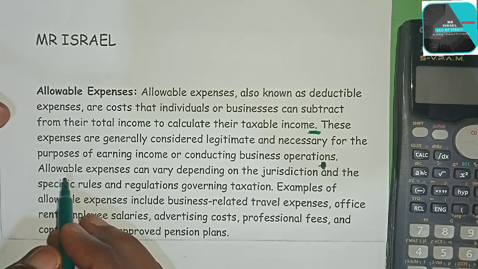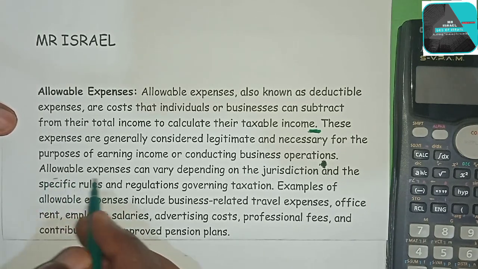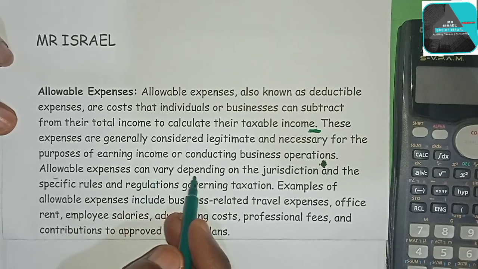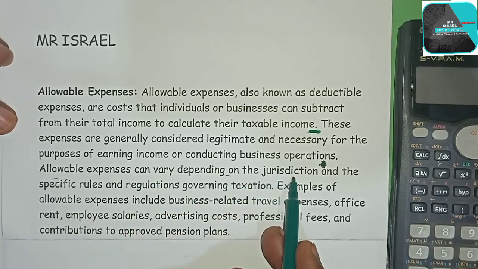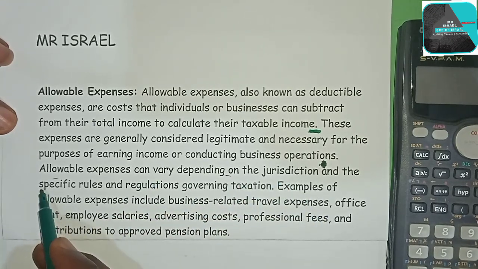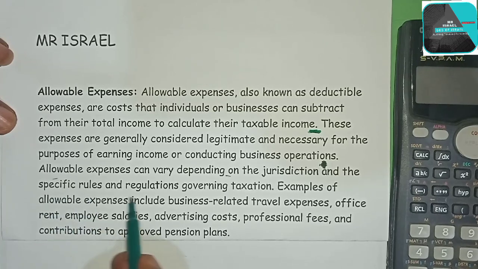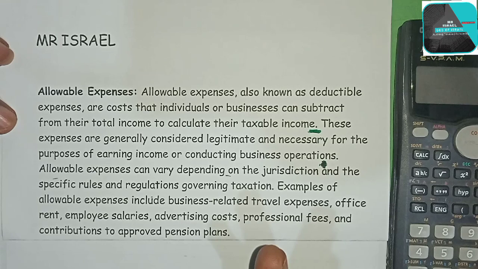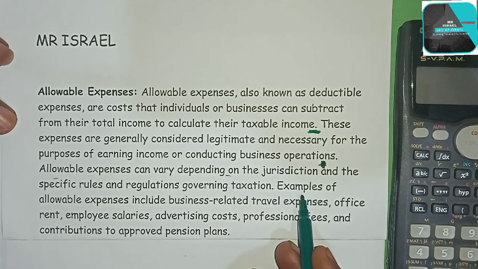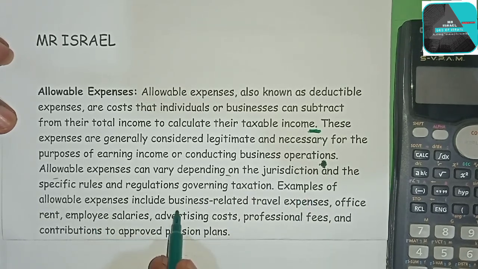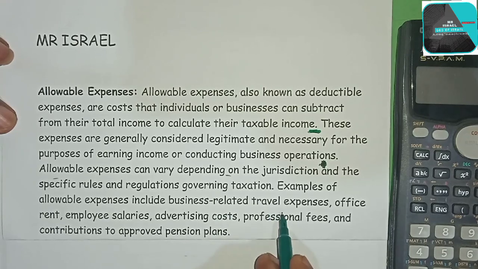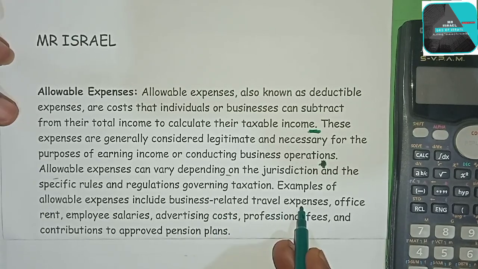Now, allowable expenses can vary depending on the jurisdiction and the specific rules and regulations governing taxation. Let's take a look at examples of allowable expenses. They include business-related traveling expenses.